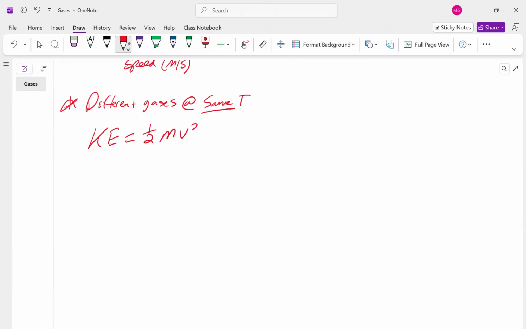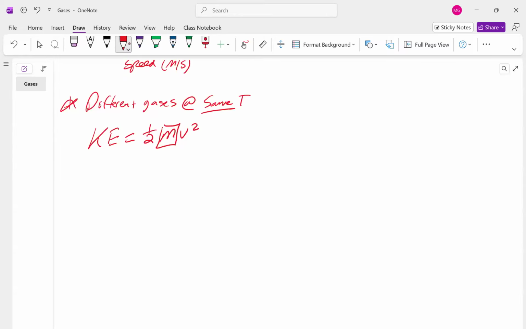You've taken physics, you probably remember this. Kinetic energy is 1/2 mass times velocity squared. And let's look at that mass component to it.